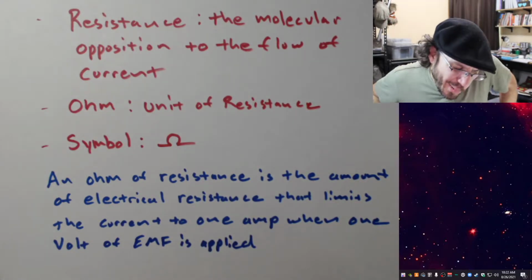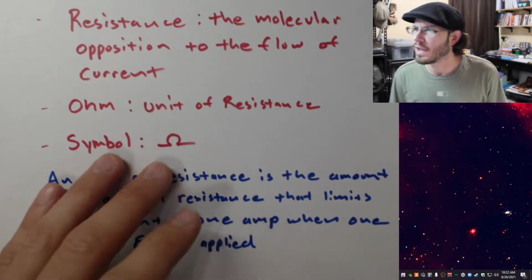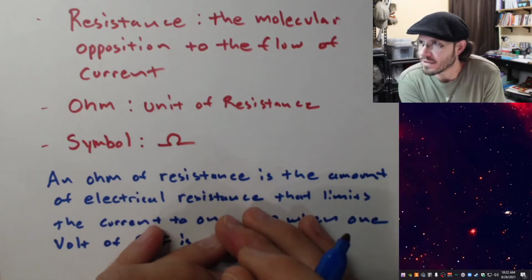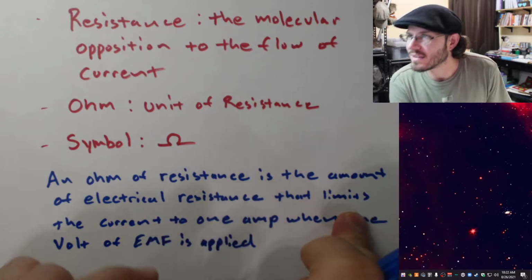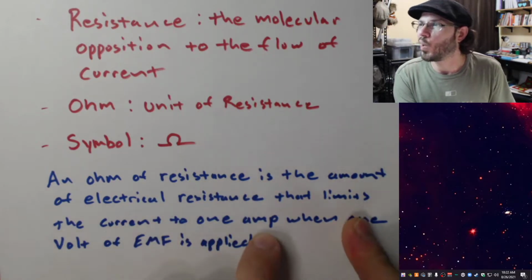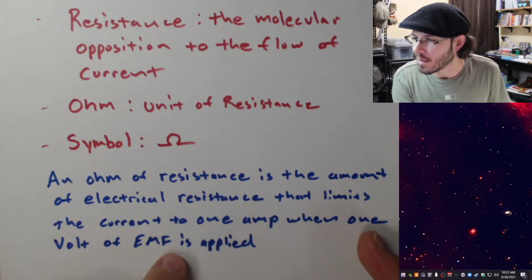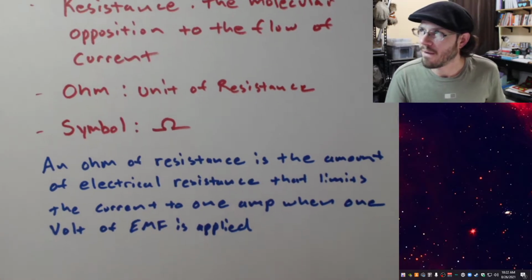It's a little facetious. Okay, an ohm of resistance is the amount of resistance that limits the current to 1 amp when 1 volt is applied. Okay?